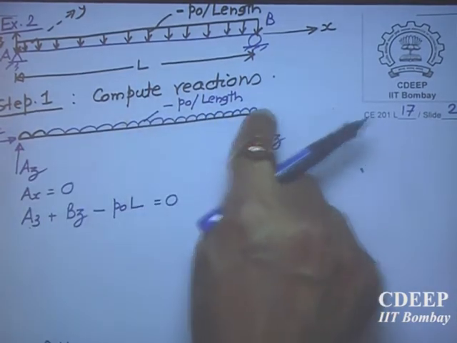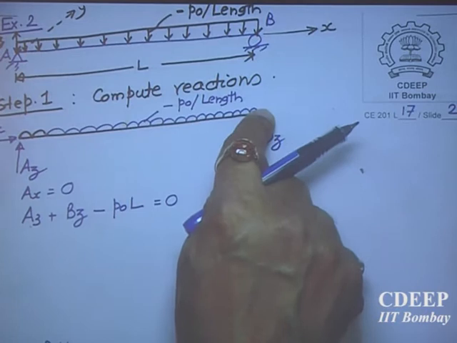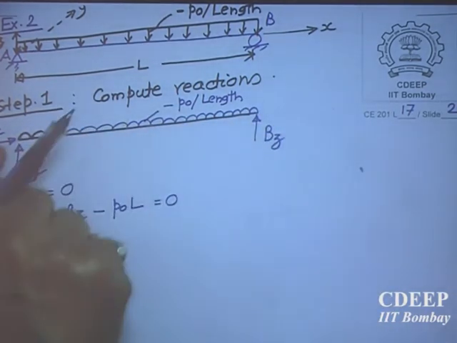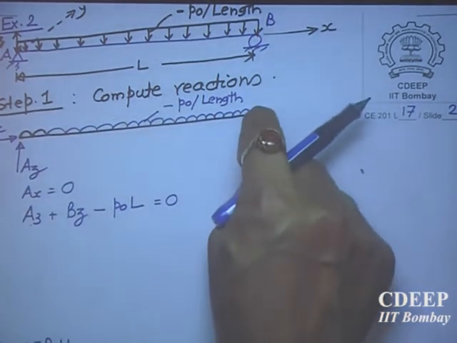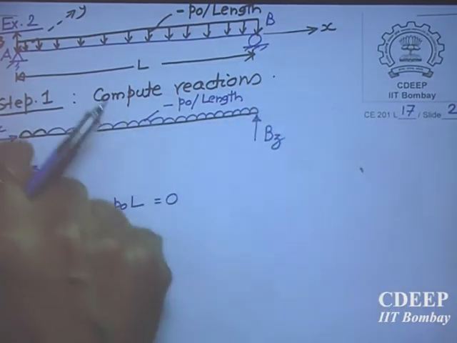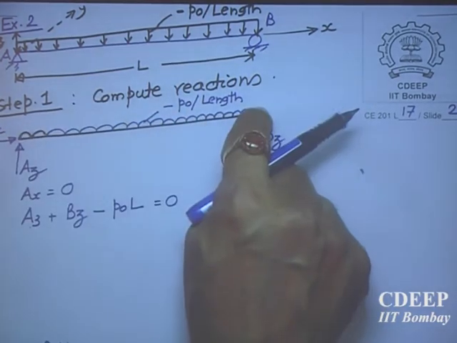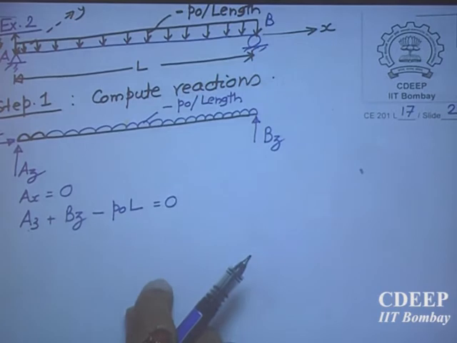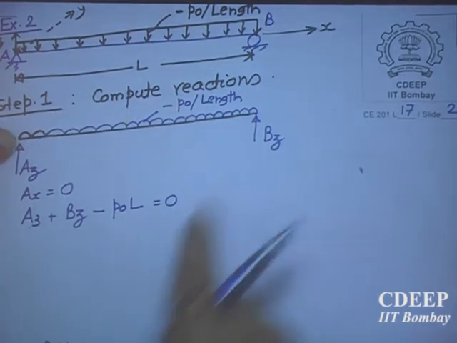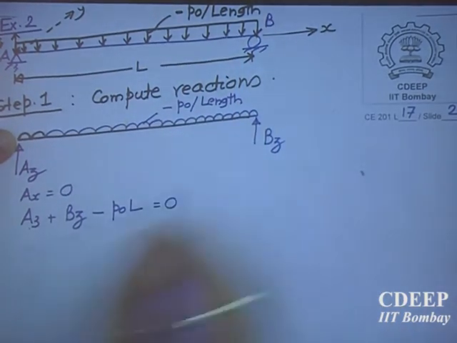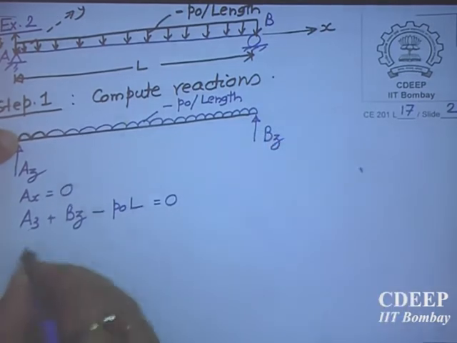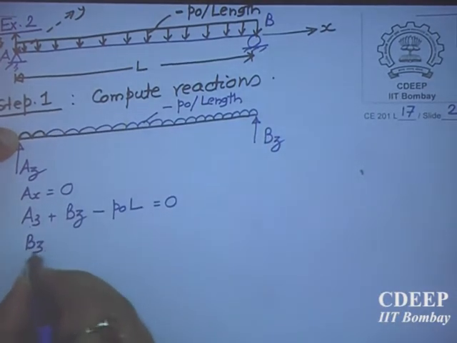B is equally good, because Ax passes through both A and B, so the moment of Ax will be 0. Let me take it about A. So I get Bz into L.